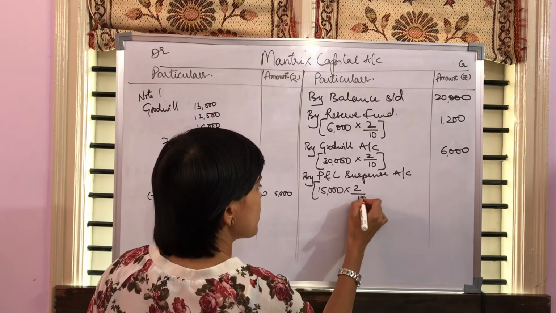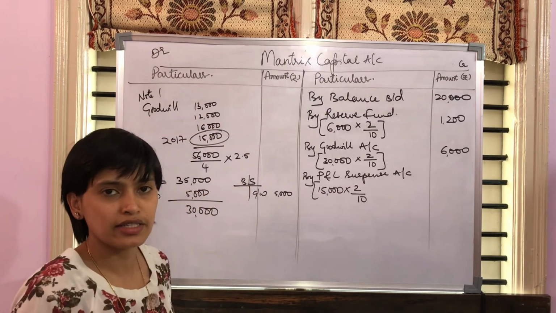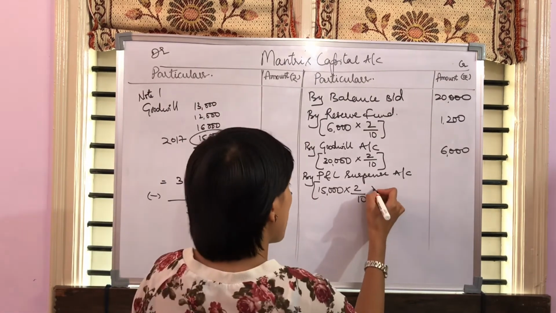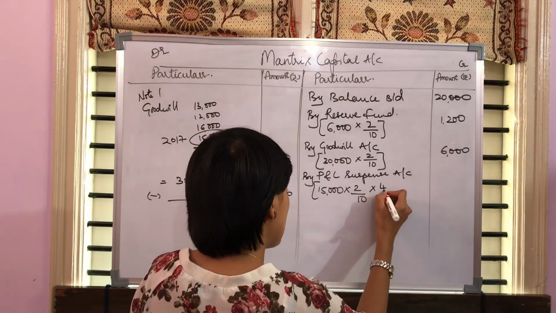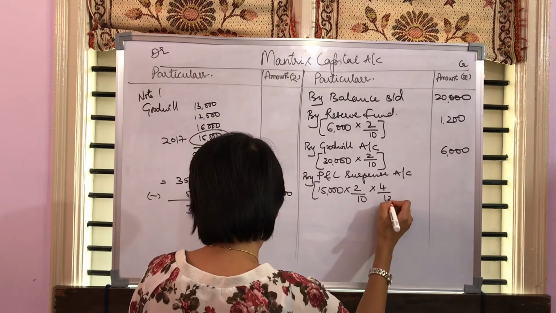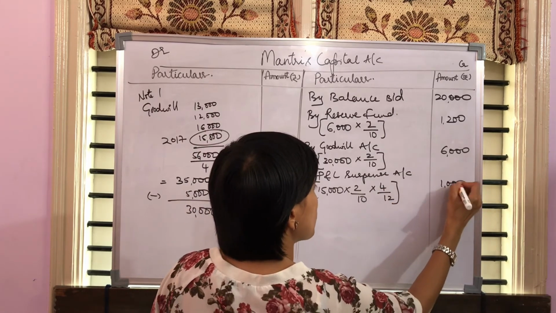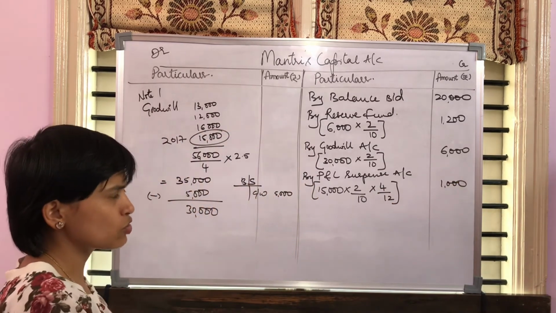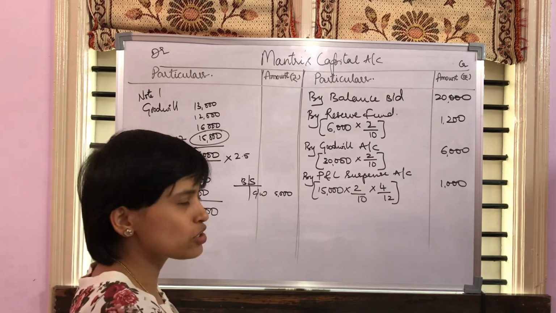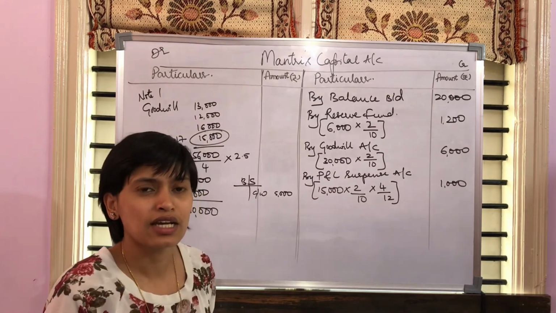Monthly's share is 2 divided by 10 up to the date of death, which we have calculated as 4 divided by 12. We will get the amount as rupees 1,000. So that's it with the postings as of now in monthly's capital account.